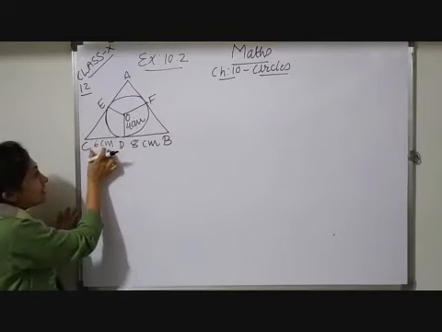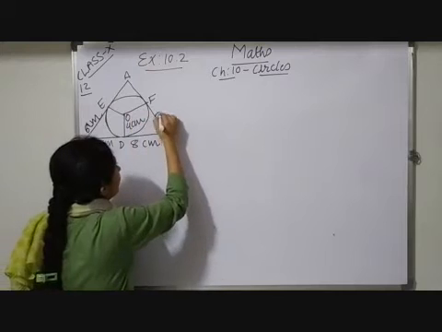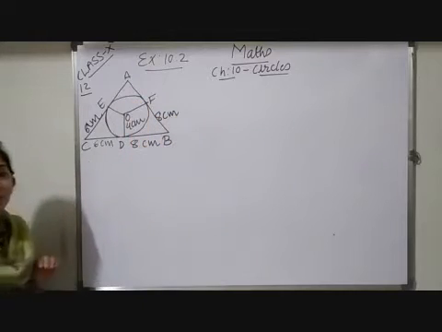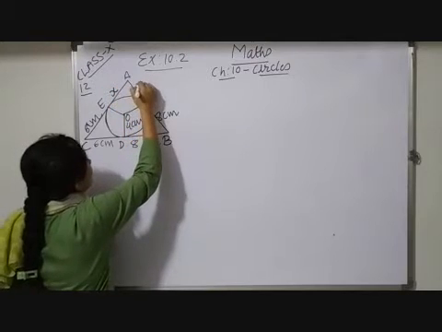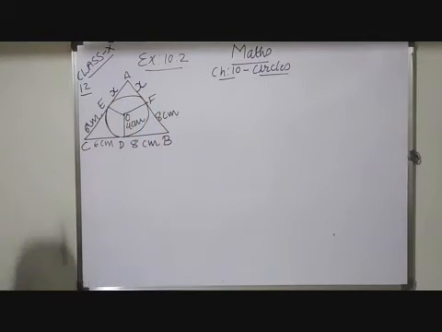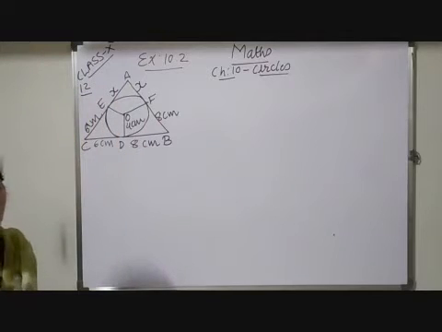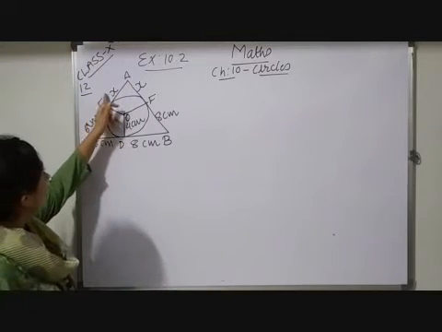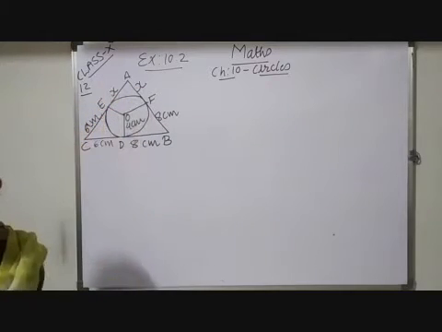It means though it is 6 cm, this one will also be 6 cm. This length will also be 8 cm. And if I assume AE as X, then AF will also be X. Now here I have to find out this length AE. If I get the length AE, I can add both, I will get AC. After adding both, I can find AB.